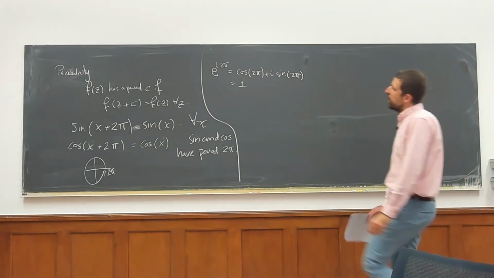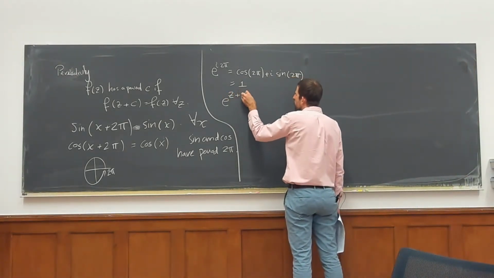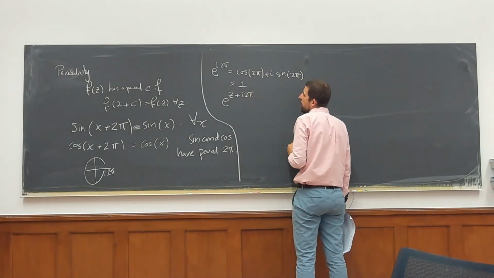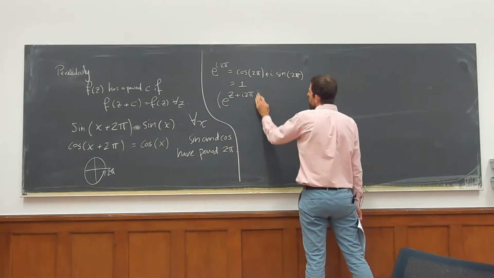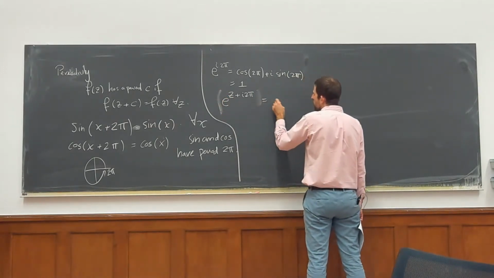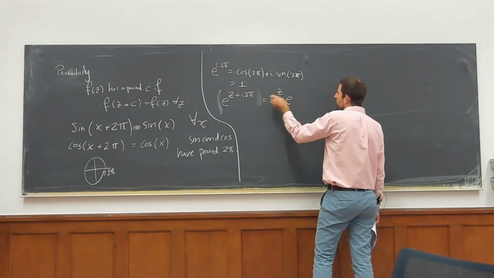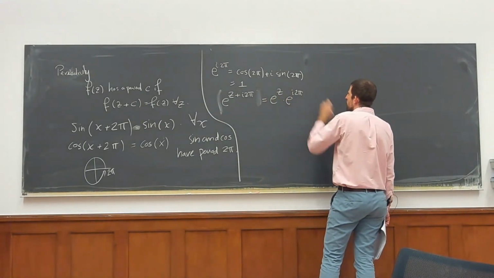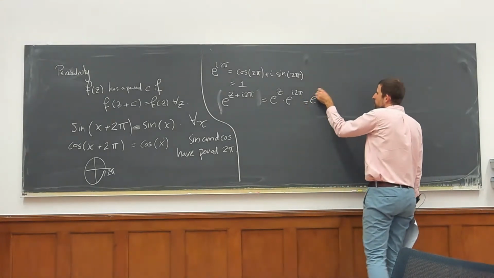So in particular, e to the z plus i 2 pi is equal to e to the z times e to the i 2 pi, but this is just equal to 1, and so this is equal to e to the z.